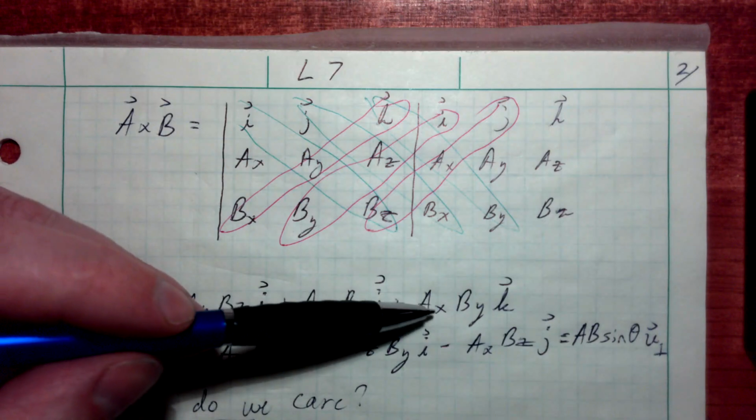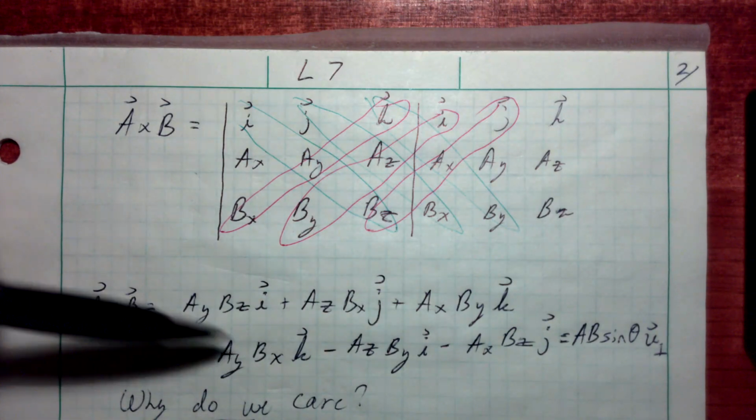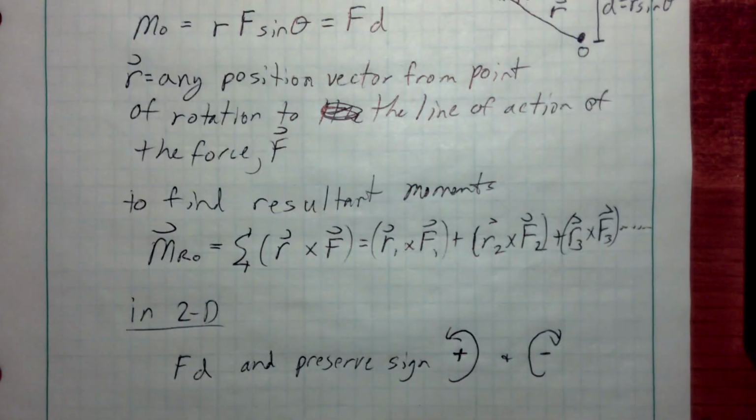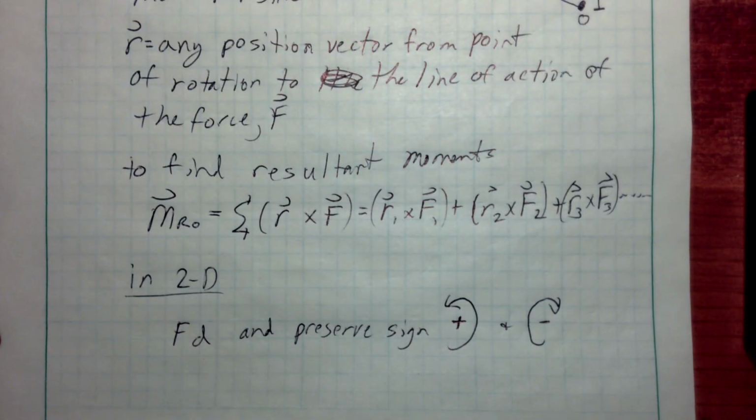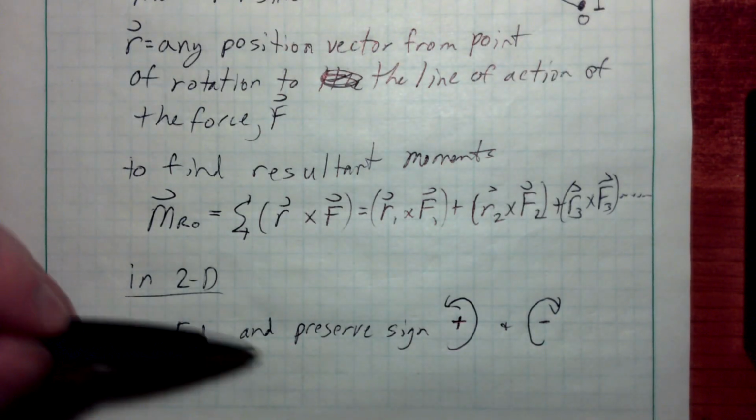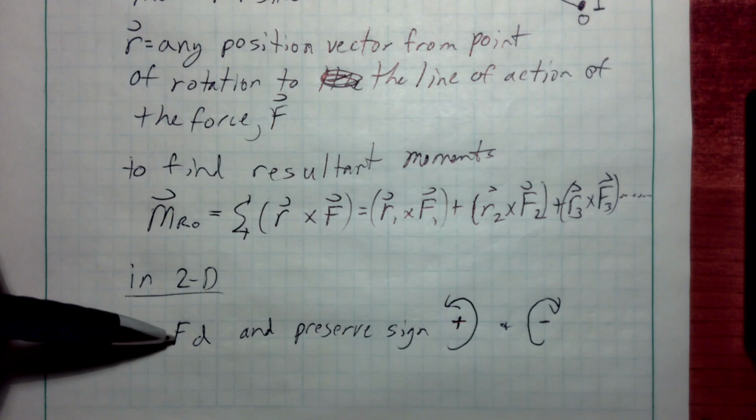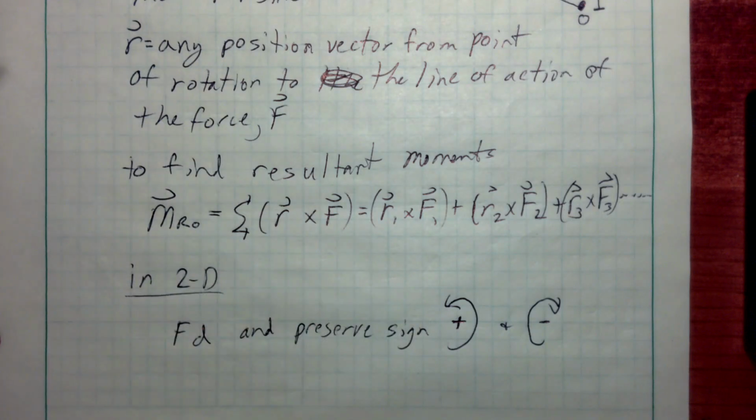So the only things left are this guy in the k direction and this guy in the k direction. So you can do the same thing with a 2-dimensional force, but it's a lot easier to just take the force times the distance rather than build the big matrix and find its determinant. Add the counterclockwise, subtract the clockwise.